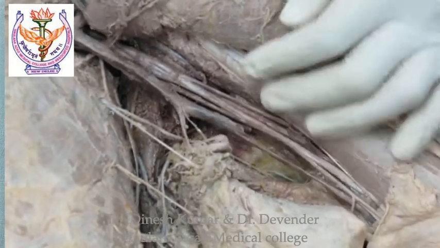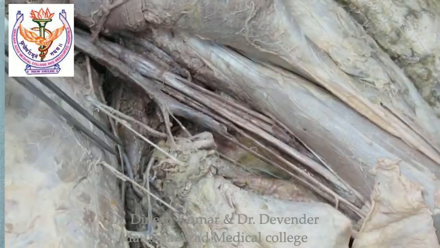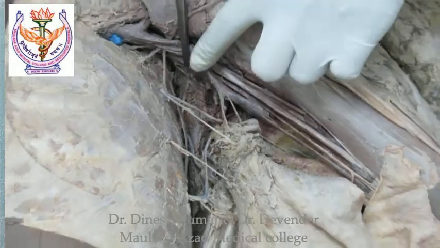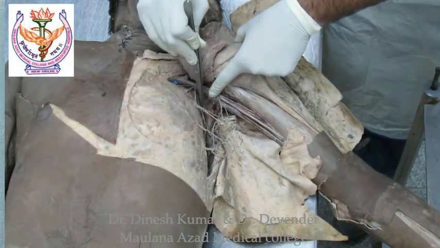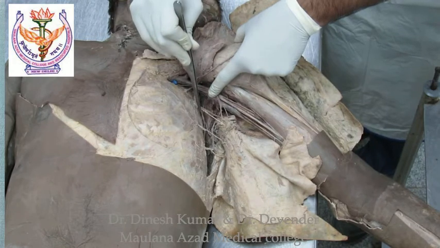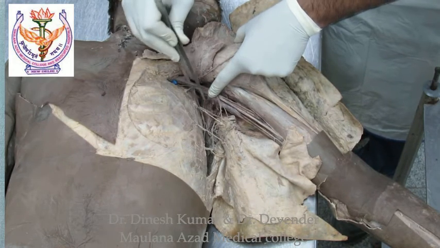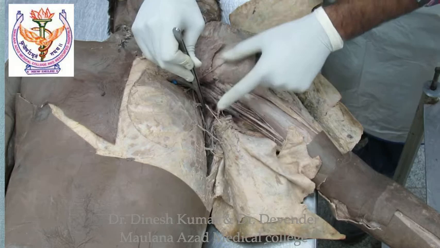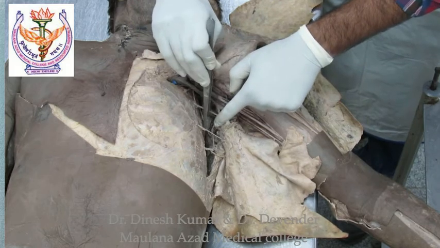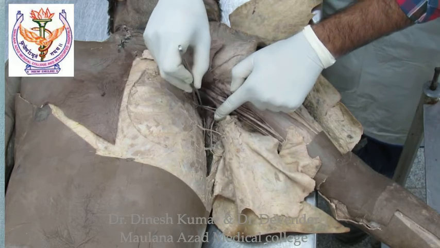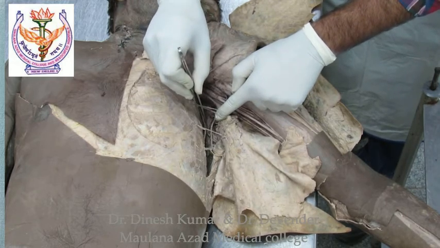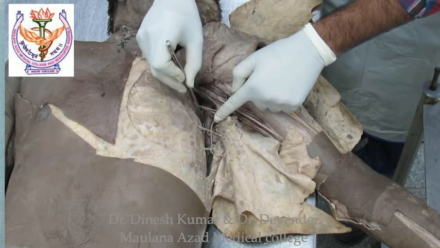Now we can see the medial wall. The medial wall is formed by the upper 4 to 5 ribs, and in between the ribs there are the intercostal muscles, and some part of the serratus anterior, and this long nerve. This is known as the long thoracic nerve.